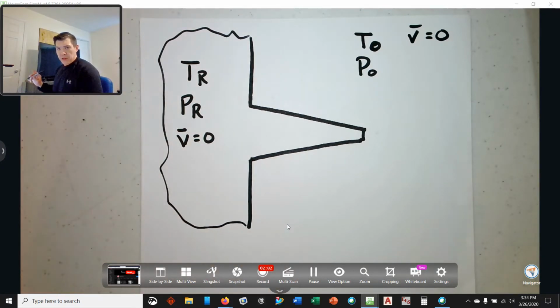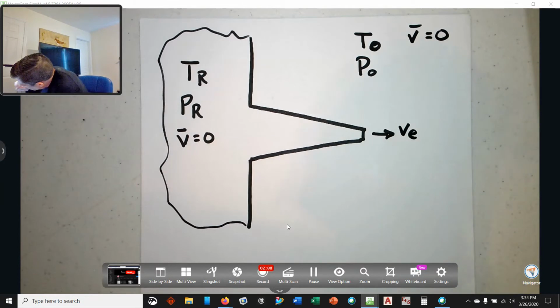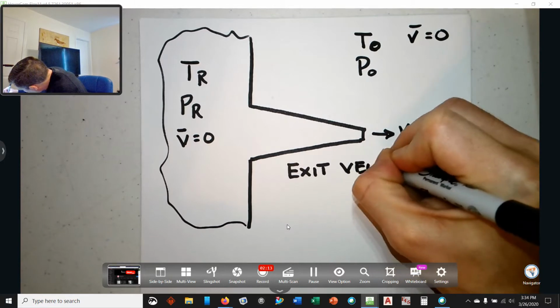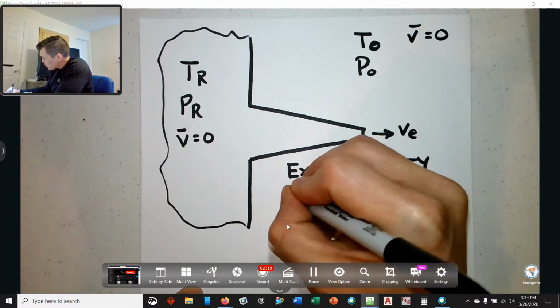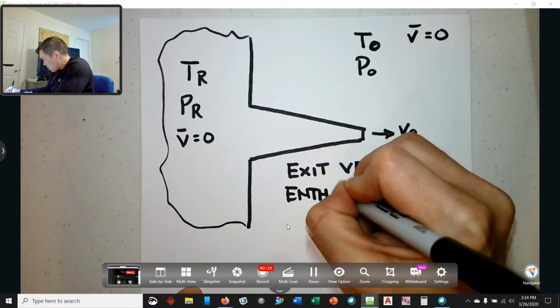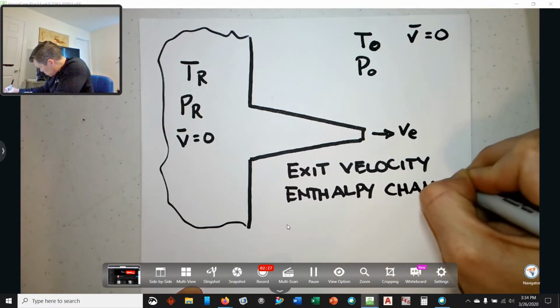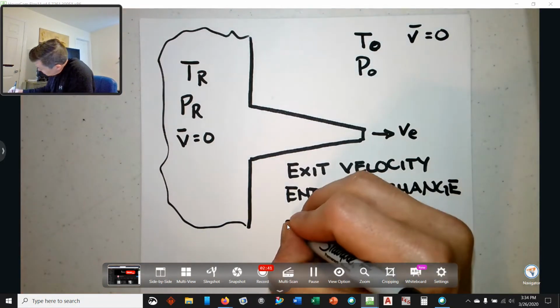So we'll be looking at, say, the exit velocity. We will look at the enthalpy change for sure. We'll look at what we're going to call, and we'll realize the significance, the critical pressure and the critical velocity as we reach that critical pressure of this gas.